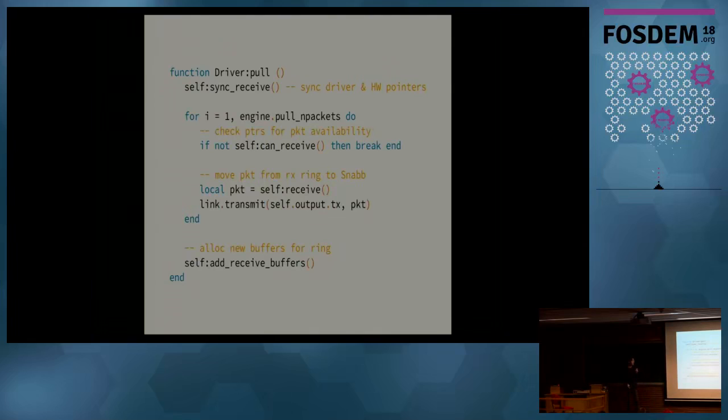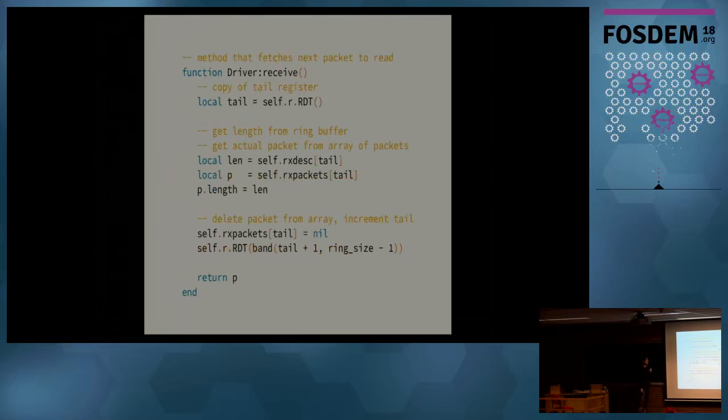And then I'm just going to show you one of these helper functions that's used in this main method to give you an idea of what it's like. This is the receive method, and this is the one that actually fetches the packet that you want to read. And it's pretty short. All you do is you first take a copy of the tail register by reading off this RDT register.